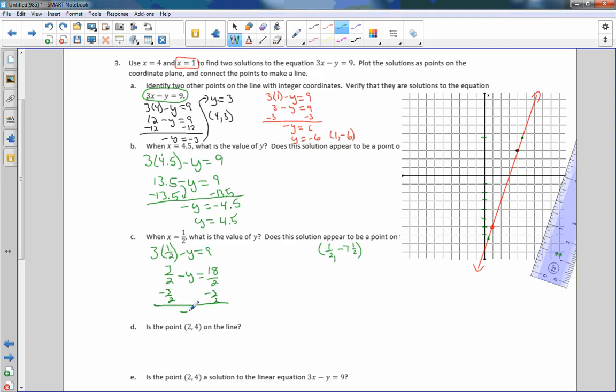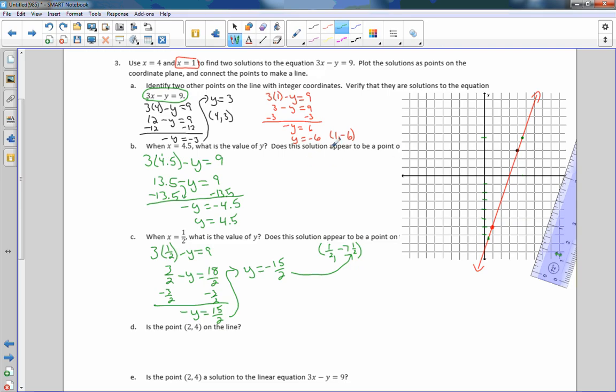And I get negative y equals 18 minus 3, I'm sorry, not 16/2, 18 minus 3 is 15/2. So therefore, if negative y equals 15/2, y equals negative 15/2, which is negative 7.5.